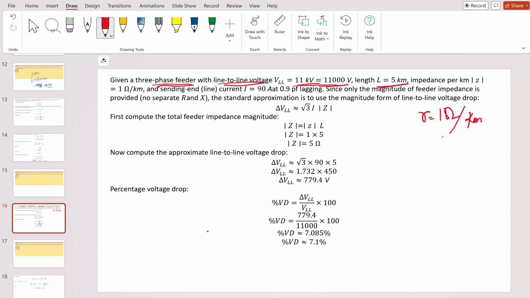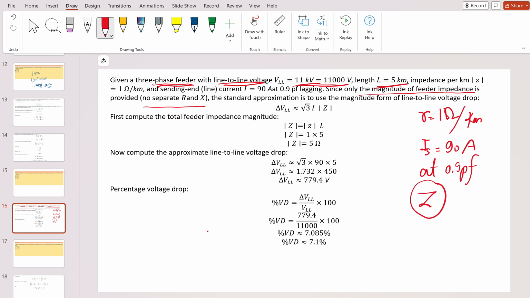And the sending end current is given as 90 amps at 0.9 power factor. Since only the magnitude of feeder impedance is provided, with no separate R and X value, you have to take the lumped value. Whatever is given, you just have to lump that. That is given as Z. Not R, not X, that is simply Z total.